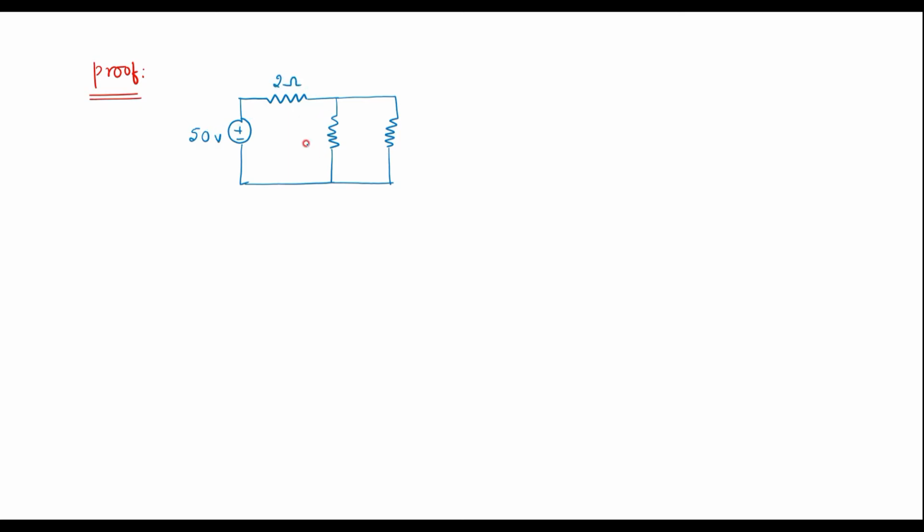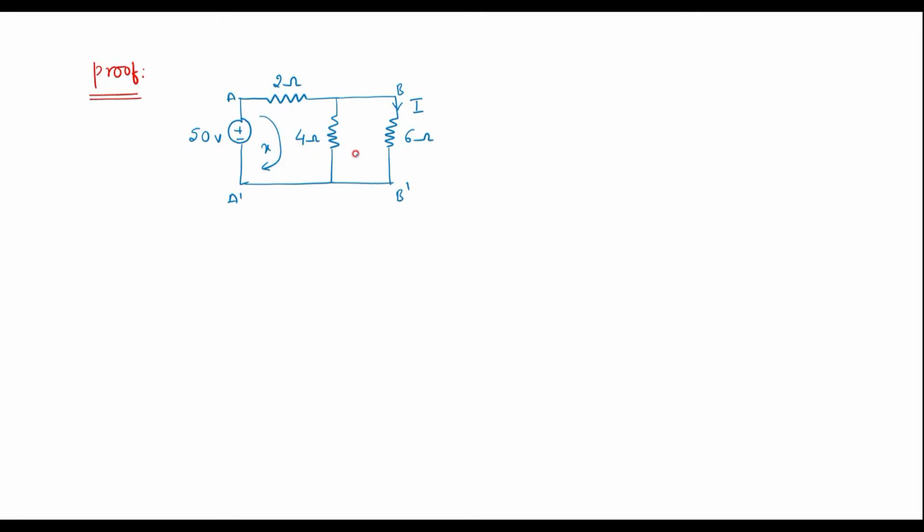Say this is 2 ohm, this is 4 ohm, and this is 6 ohm. Now let's find current I, which is current flows through 6 ohm resistor. Assume that voltage is applied at terminal A dash and we are finding current at B dash. We'll solve it using loop analysis.